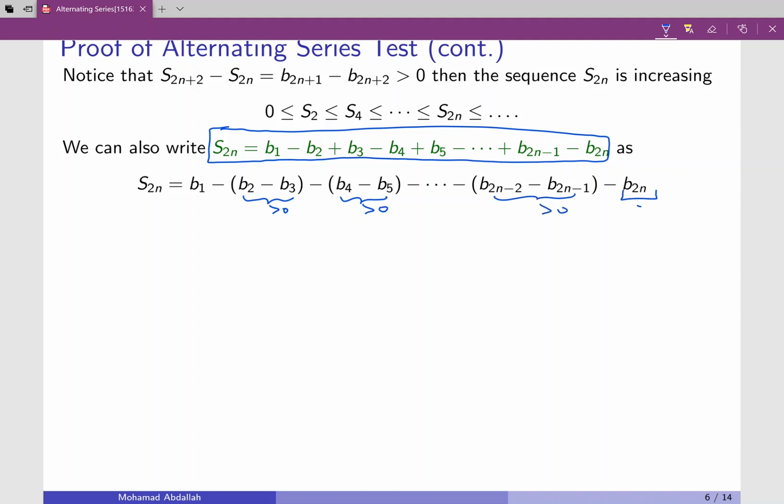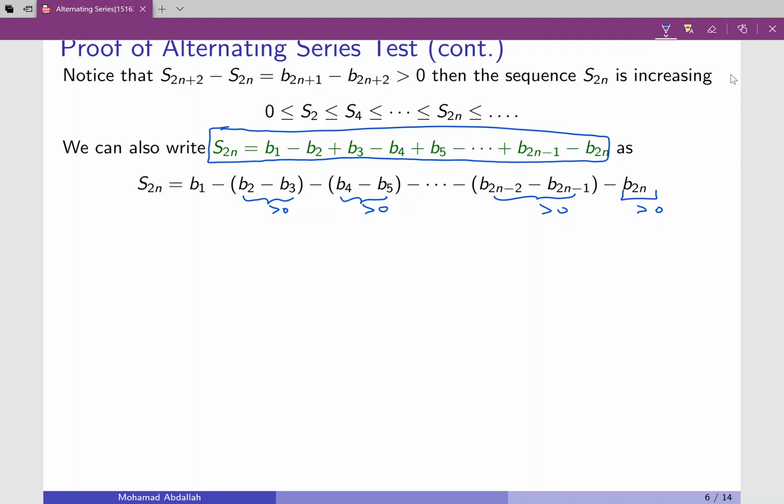And b2n by itself is bigger than 0. The reason is because the sequence bn is positive. And what's in the brackets is bigger than 0 because bn is decreasing, so b2 is bigger than b3.